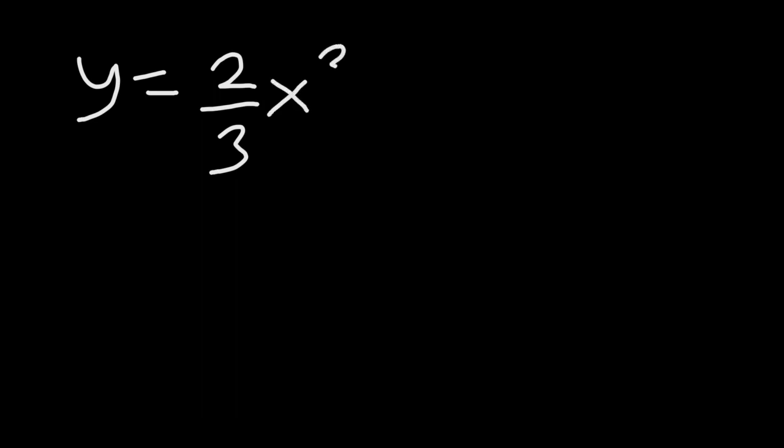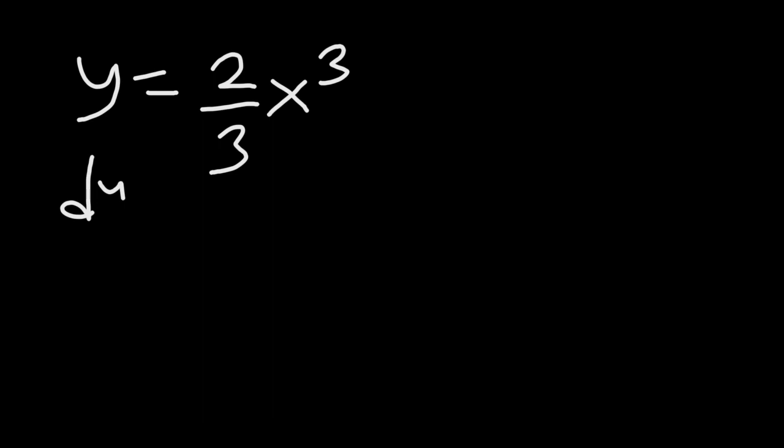The next example. We have y is equal to 2/3 s to the 3rd power. Please, you can pause this video and try this work on your own before you come and have a look at the solution. Okay, so use the power rule.